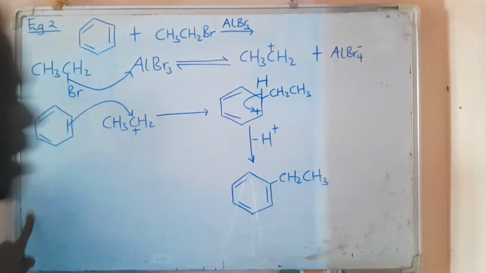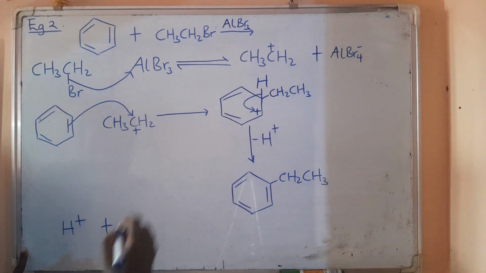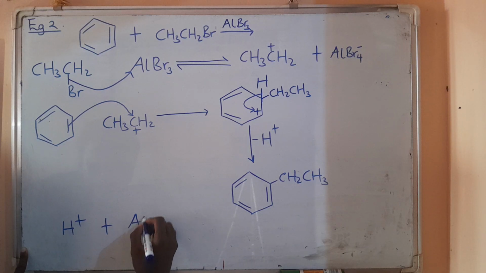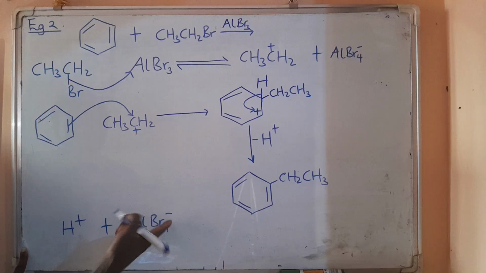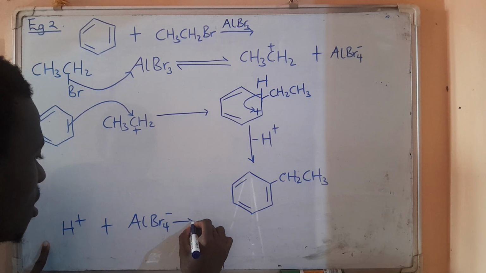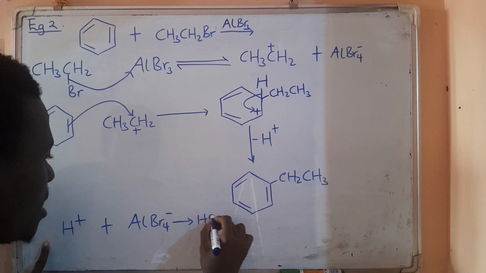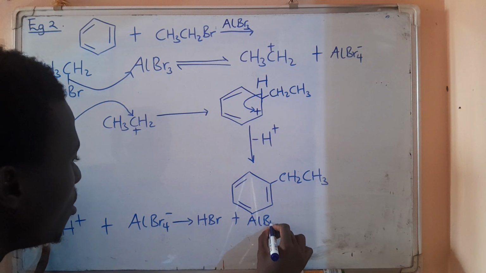Now the hydrogen ion that has been lost can combine with our complex. So this donates electrons to this proton so that we form hydrogen bromide plus aluminium bromide.